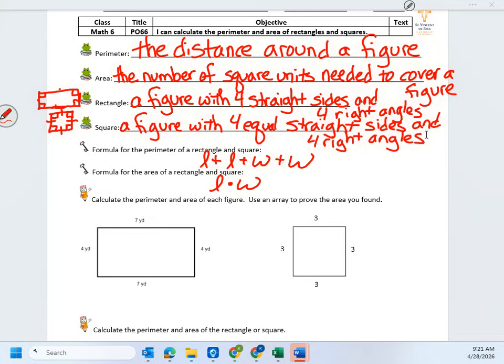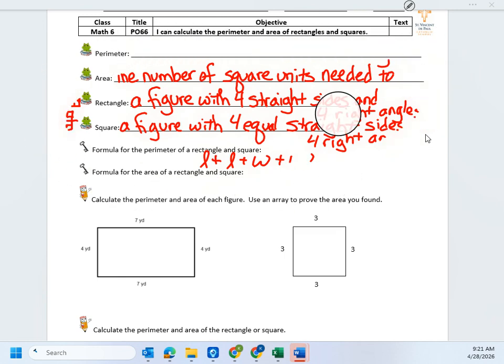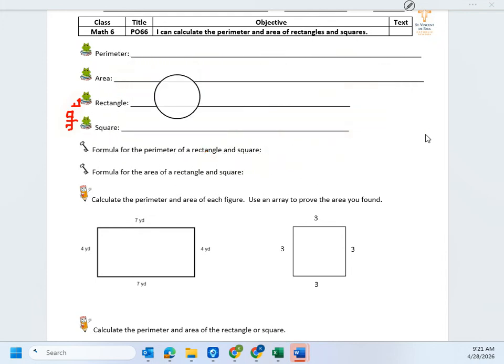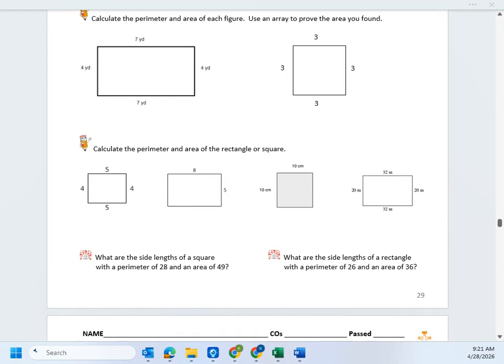So let's look at what we're going to be doing today. It says calculate the perimeter and area of each figure. Use an array to prove the area you found.